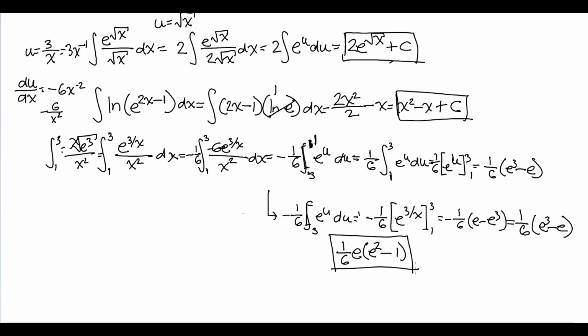Let's do one more. See, this integral is not hard. So what you can do right now is find a definite integral from 0 to pi over 2 of, this one's a hard one, not really.